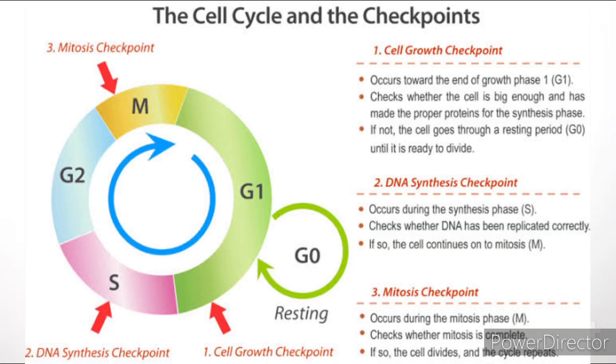Interphase, as you can see in the diagram, is divided into 3 sub-stages. First one is G1 phase, secondly S phase, and third is G2 phase.